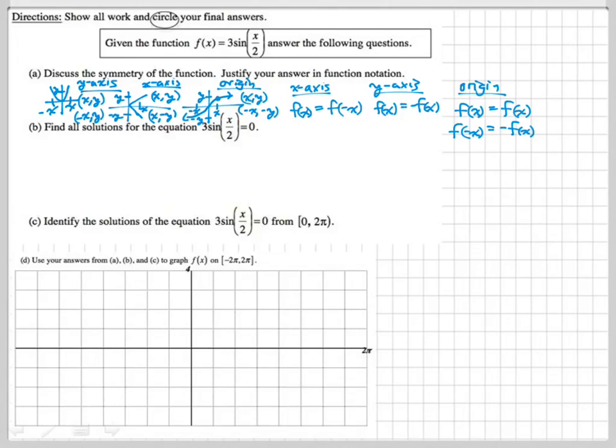But for our graph right here, what you have to do is think about how that looks on a graph. If it was a regular sine function, it would look like this. Does that have symmetry about the y-axis? No, the y-axis is right here. If I fold it right there, the lines won't match up.